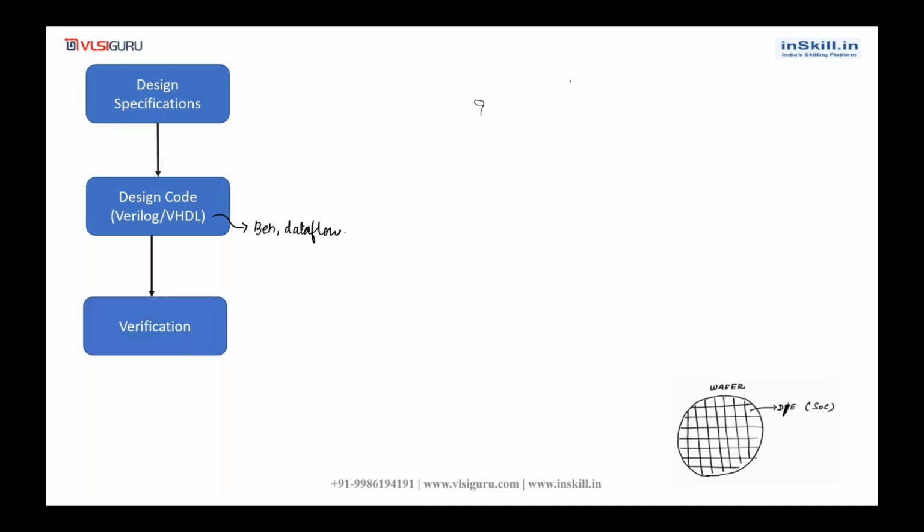And then we have the verification team. They validate the functionality of the design to check whether it functions as intended, to ensure that it meets the required specifications and performs as intended.